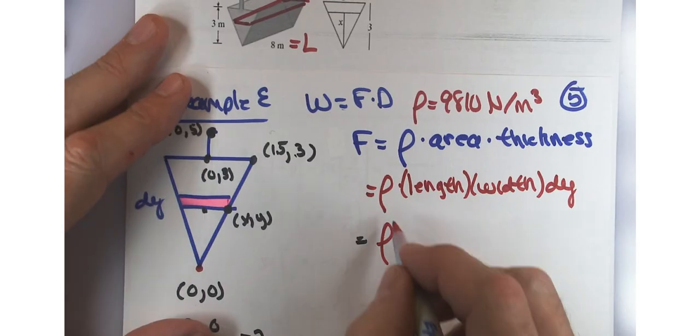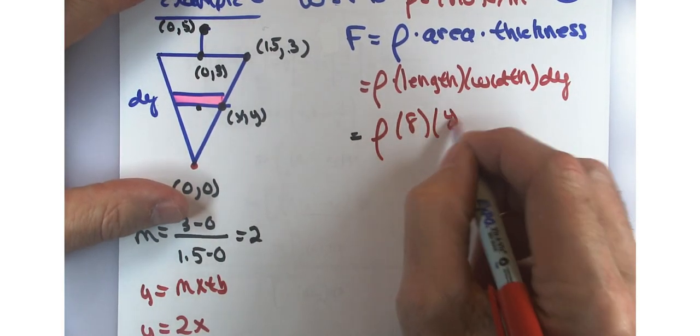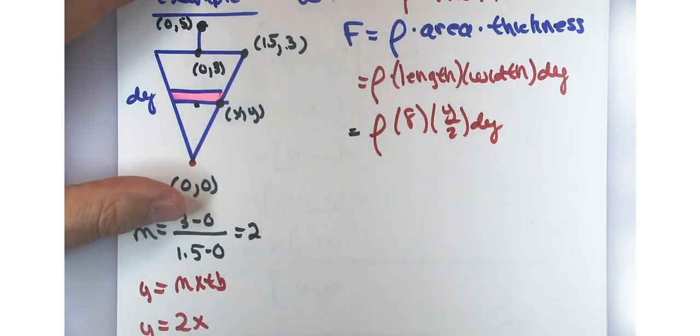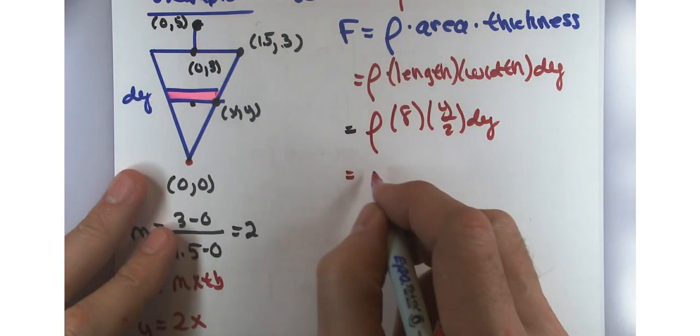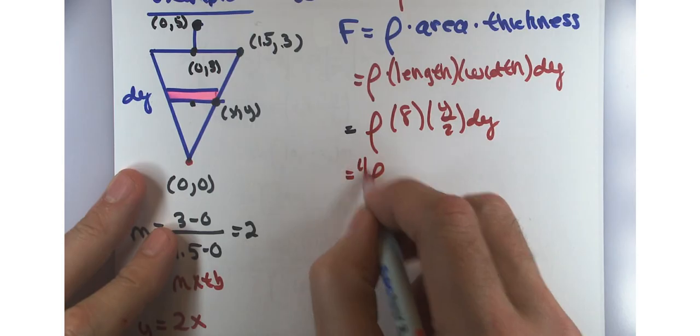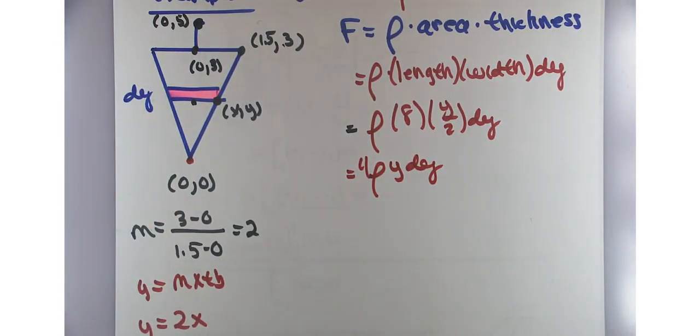So I'm going to have 8 times y over 2 times dy. And it's probably worth it to simplify that a little bit. That's going to be 4 times rho times y dy. I think 4 times rho is going to turn out to be, well, you know, rho is now in newtons, so we won't get some nice simplification there. All right, so we got our force. Great.